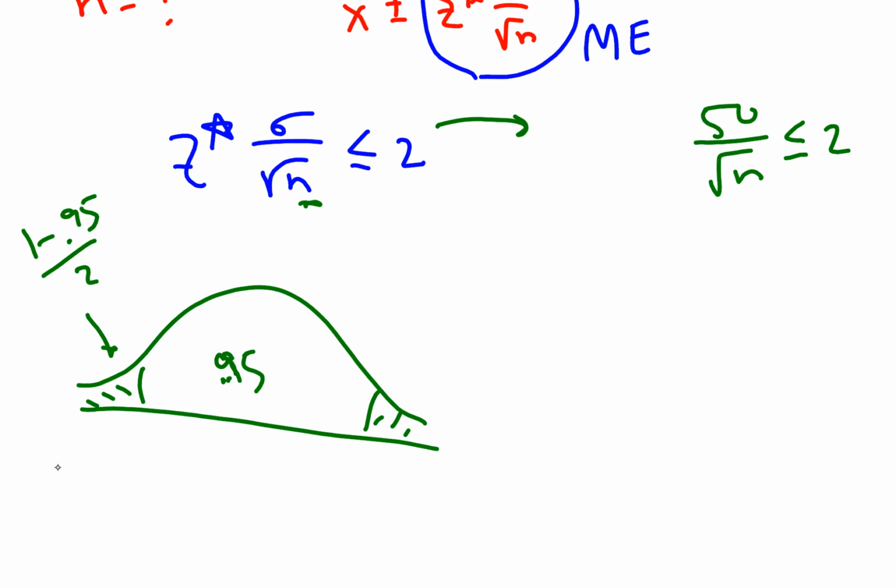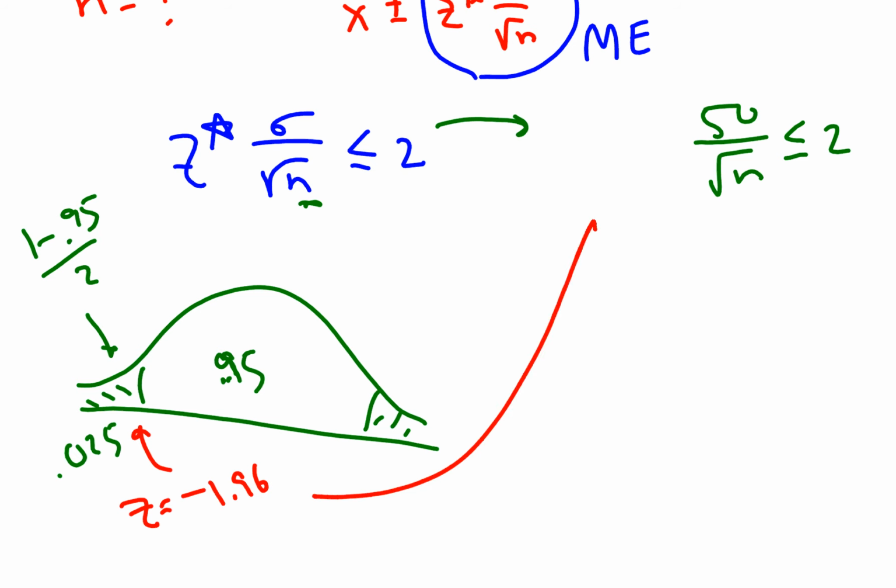And you'll know that the area in this tail is 0.025. Some of you probably had that memorized already. Well, then you can go look in a Z-chart reverse, or you could use inverse norm on the TI-84 calculator and type in 0.025, and you will get back that Z equals negative 1.96. We'll use the positive version of that up here, and that's it. So the only thing left to do now is to solve this equation for N.